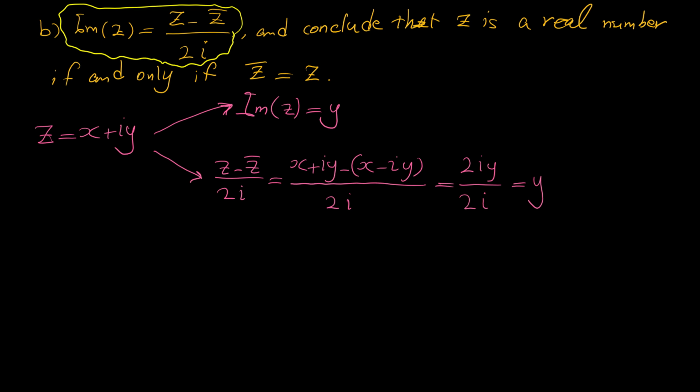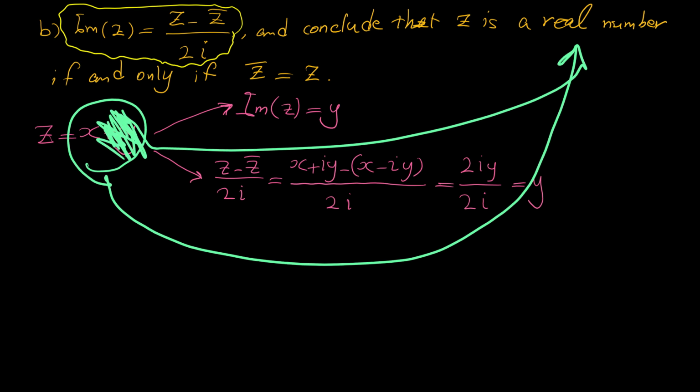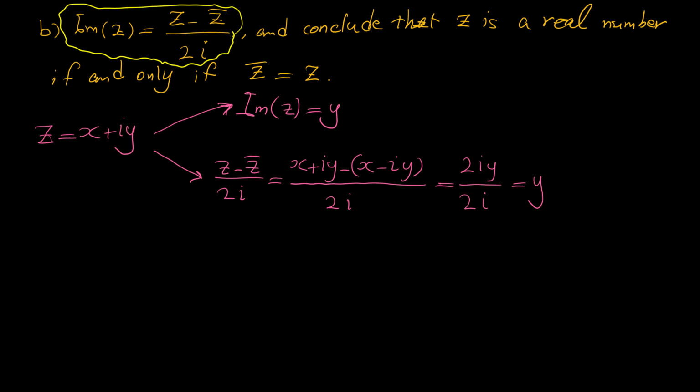When a complex number like z is a real number, it means what? It means that its imaginary part is 0, because a complex number in general is in this form. When it becomes a real number, the imaginary part is 0 and it has only a real part.